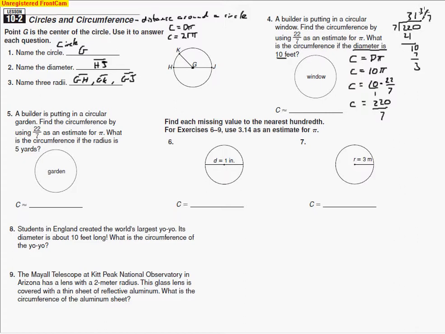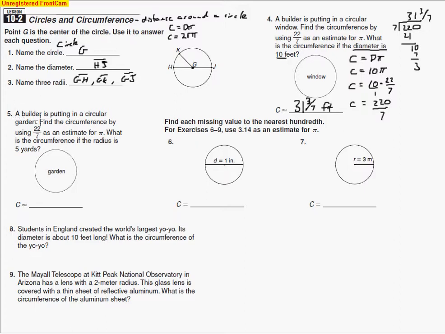So 31 3/7. So oftentimes when we're measuring things like a window, we leave things as fractions, especially when we're dealing in units like feet. And so 31 3/7 feet is the distance around this window, and that's the circumference. And so we'll put in feet for our units there.